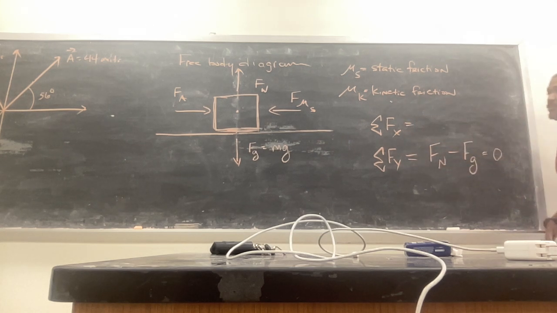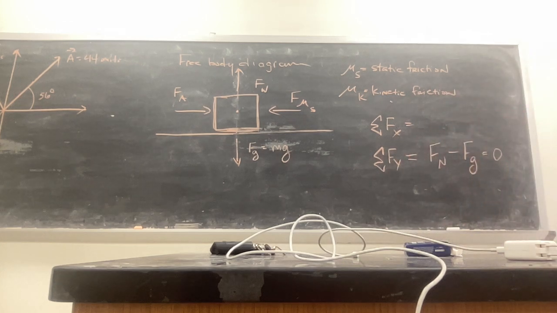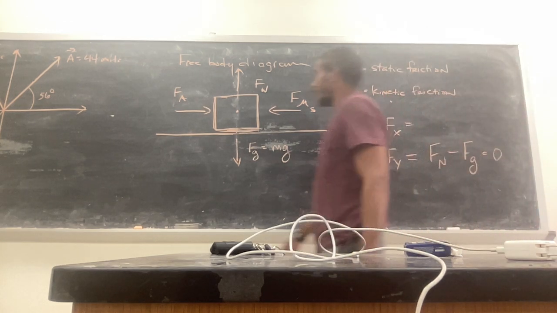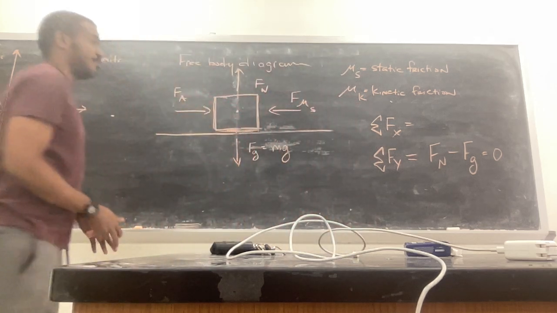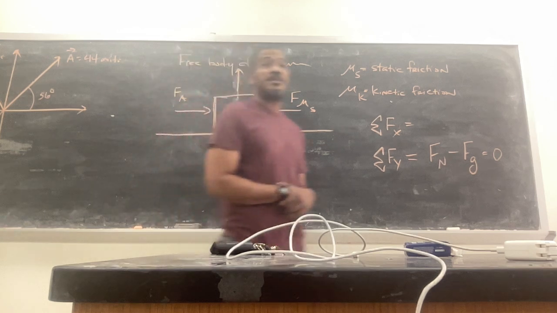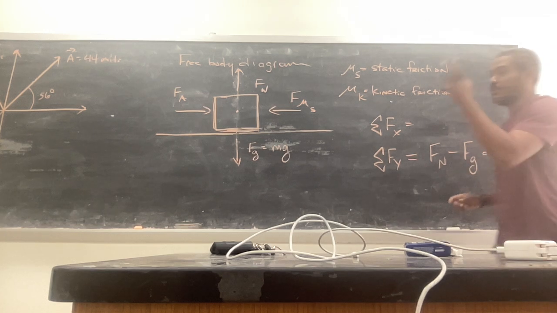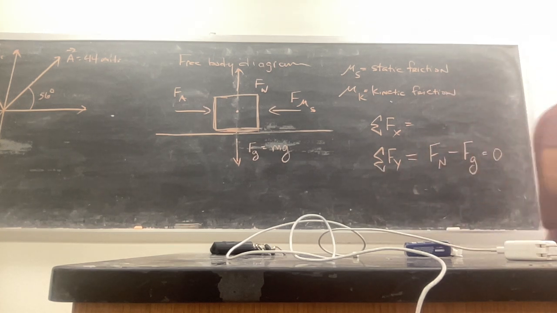So now we can write an equation for the sum of the forces in the x direction. A lot of times the problem will tell you whether or not the box is moving. In the first case, we're going to assume that the box is not moving.